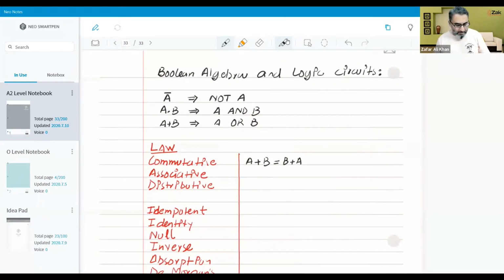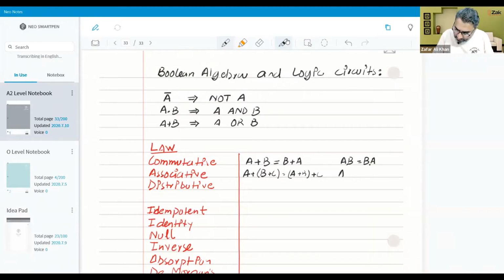Similarly, AB is equal to BA, so A dot B is equal to B dot A. Then associative law says that A plus B plus C is equal to A plus B plus C, grouped either way.